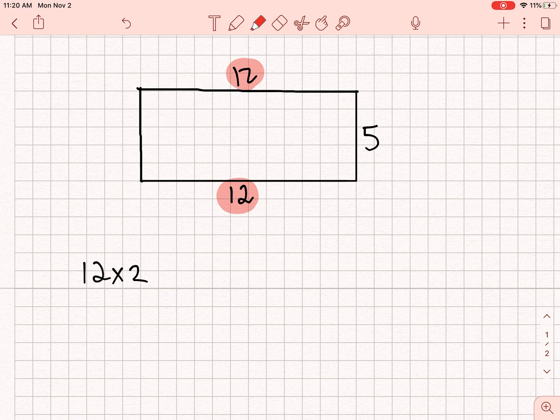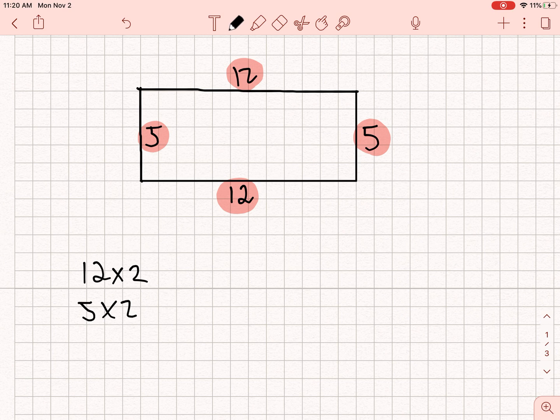We found, there's two of them. It's 12 times 2. And then we found this 5 here, and we thought, well, then this side must also be 5. That's like saying 5 times 2. We got an answer to both of these questions, and then we added those together. That's what we did in our last example.